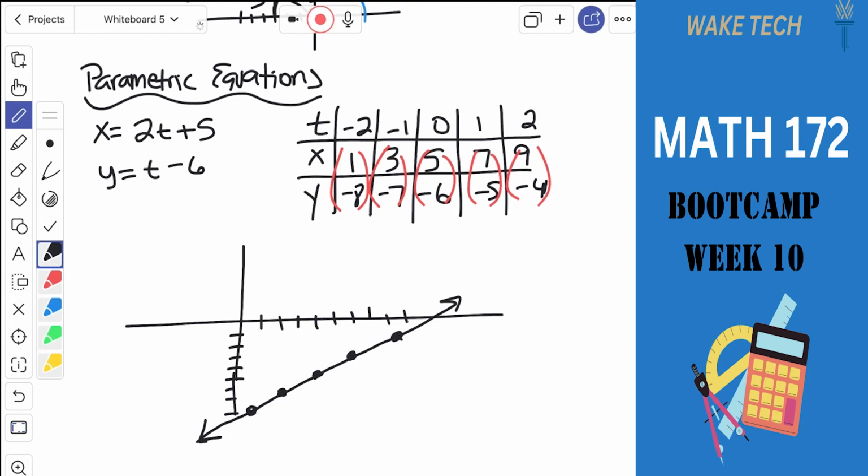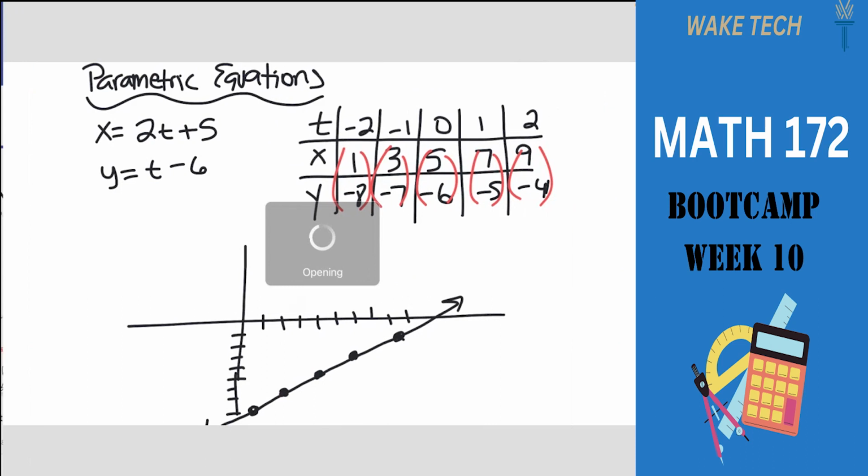Depending on the types of parametric equations you have, you could maybe see something like a circle, but frequently they're going to be the more typical graphs that you've encountered a lot more in the past, in 171 maybe. But the whole point of this is that to create the graphs, we can absolutely use a table of values. That's a really common approach. We've looked at it a couple of times if you've attended those bootcamp sessions with us this semester.